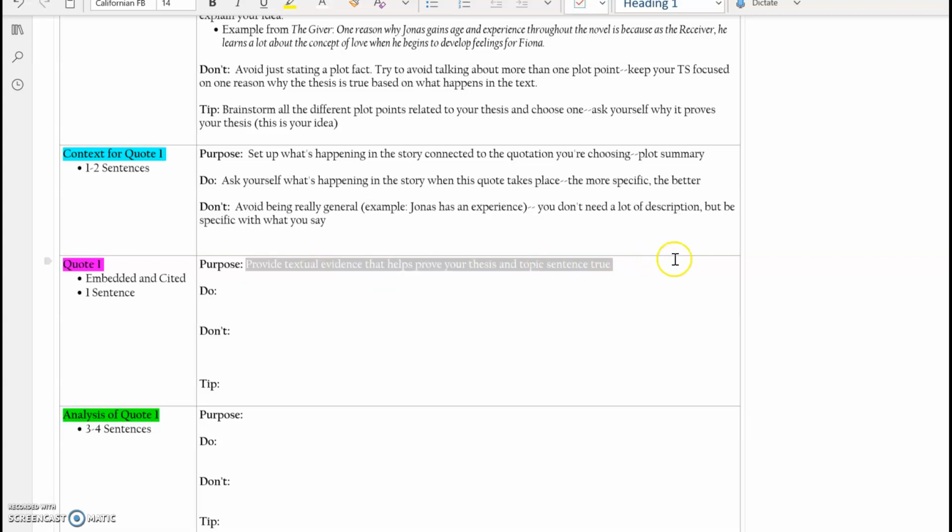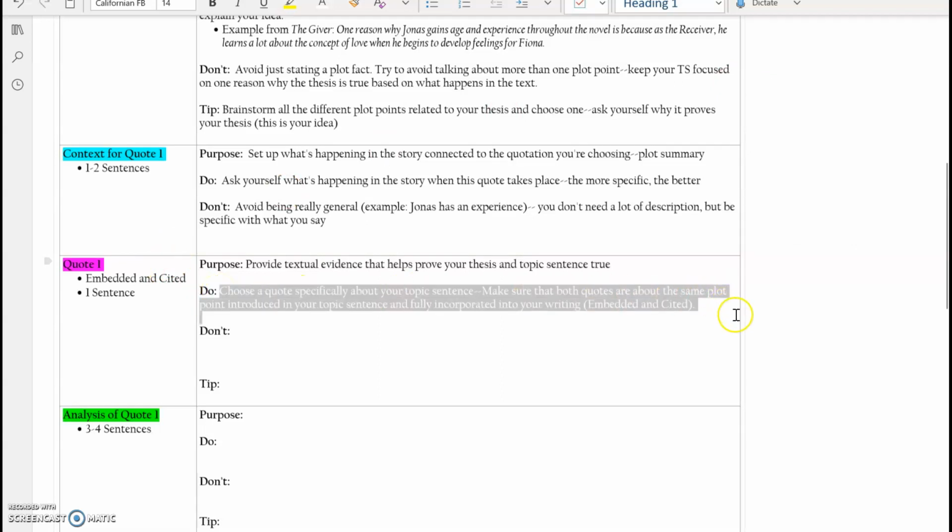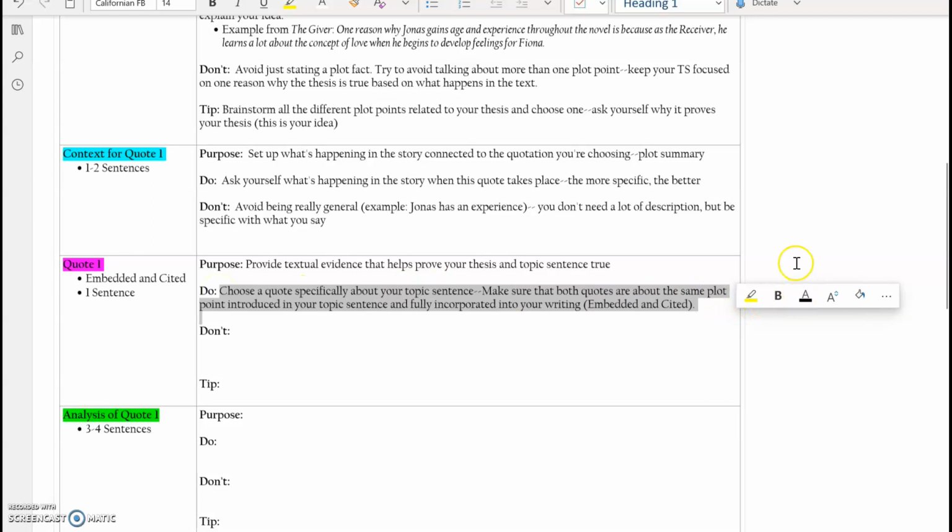So bringing in our quote, the purpose of this is textual evidence, proving what you are saying is true by drawing your reader into the text to see the example. So evidence is very, very important here. For your do's, you want to make sure that your quote is directly connected to your topic sentence. So look at your quote, look at your topic sentence.